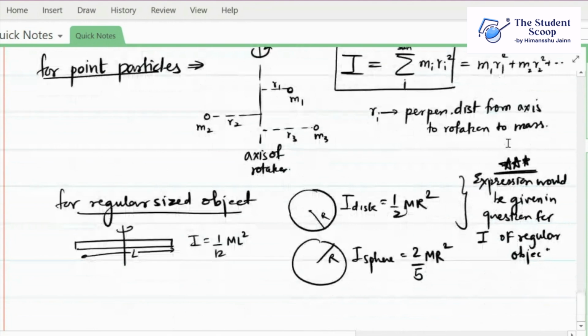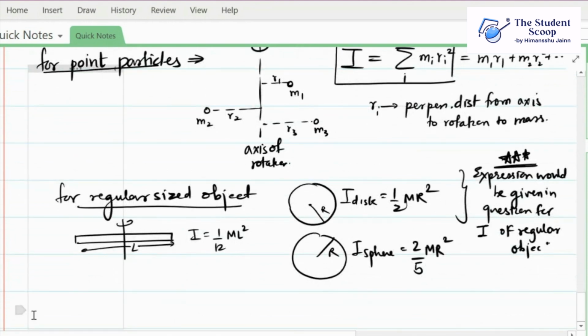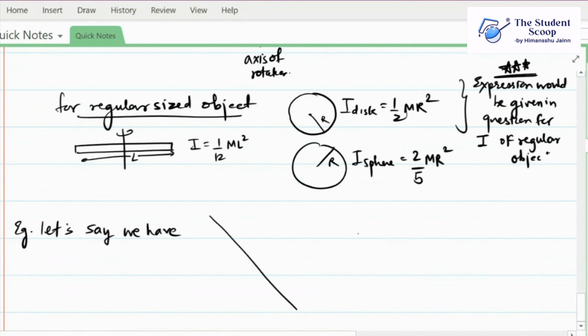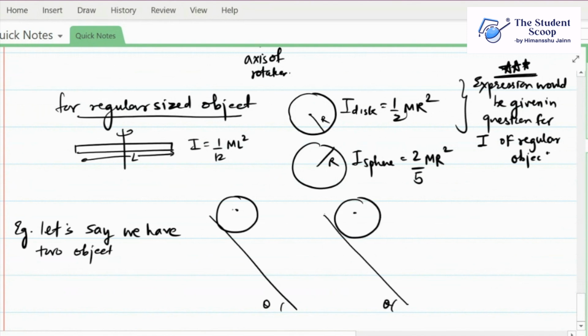The second thing about the moment of inertia that you need to know is, let's say, this is an example. Let's say we have two objects on the same inclined plane. Both are the same size cylinders, both have the same radius.